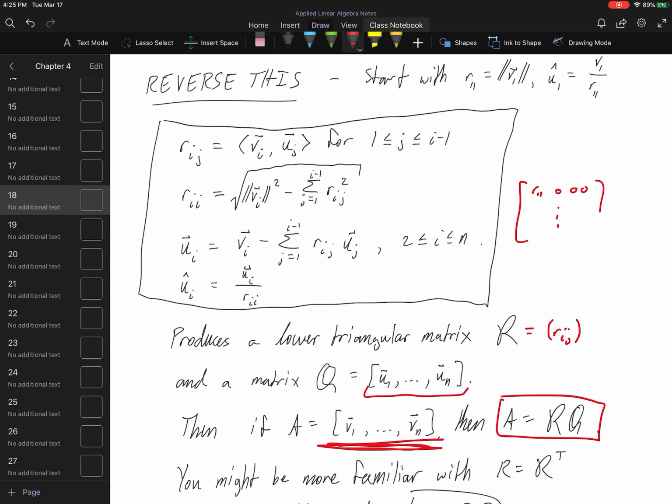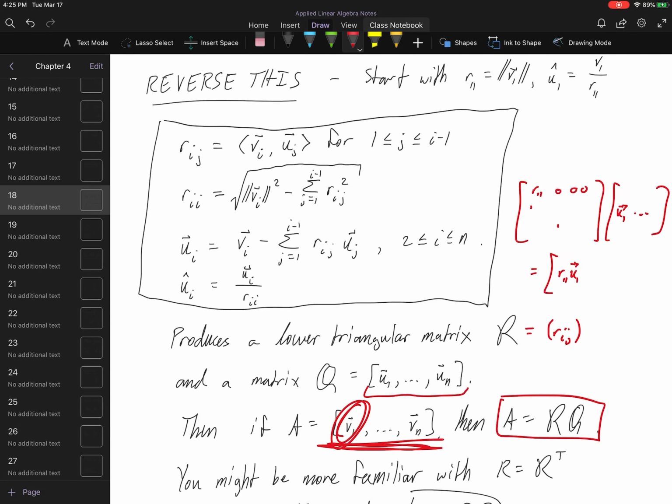If you multiply the first row of R, that would be R11 and a whole bunch of zeros, dotted into U1 and a whole bunch of other vectors, then the first column of A is exactly R11 times U1. Sure enough, that was what we defined to be V1.